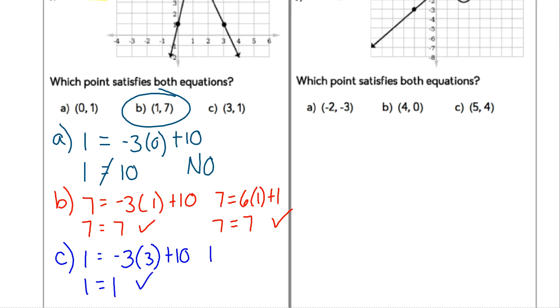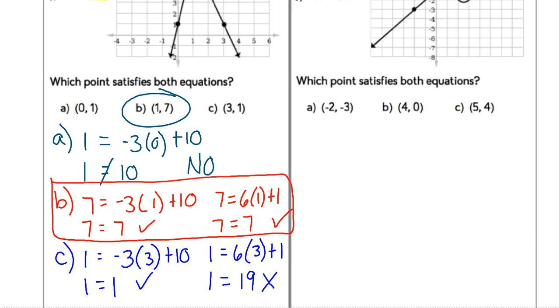Now we check it in the second equation. 1 equals 6 times the x coordinate, which is 3, plus 1. That would be 1 equals 19, and that's where it doesn't work. So that work proves that B is the correct answer because it is the point that satisfies both equations. So we can see it on the graph, and we can see it algebraically.